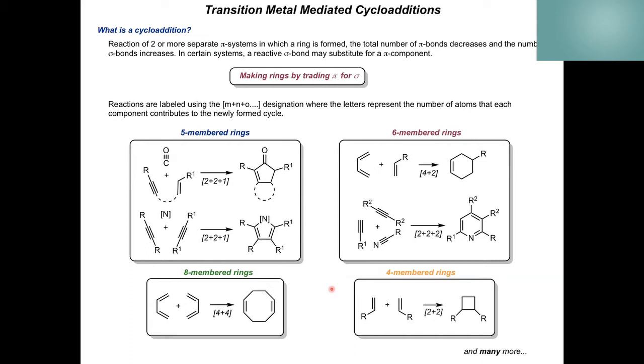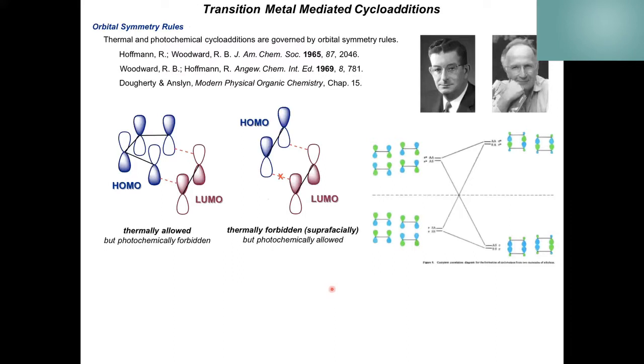One of the other things that we may have some prior experience with in the area of cycloadditions is the principles of orbital symmetry rules. This really comes from approaching this from a more fundamental organic chemistry perspective.